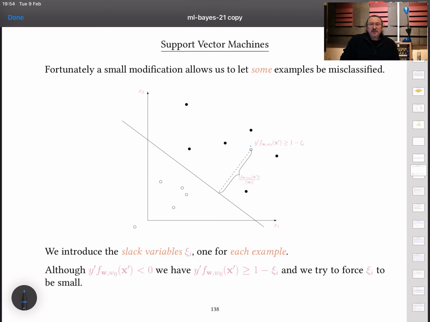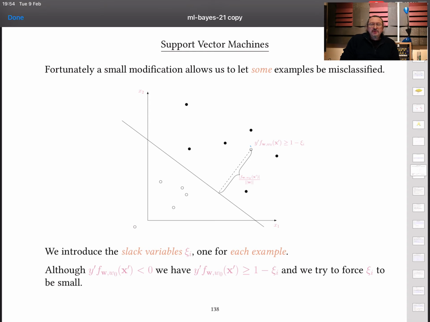Okay, the whole point here is we may not be able to divide our training examples linearly, so we want to reformulate this constraint optimization problem to allow that, but in some sense to still get as close as it can to maximizing some idea of the margin between the class labelled +1 and the class labelled -1.